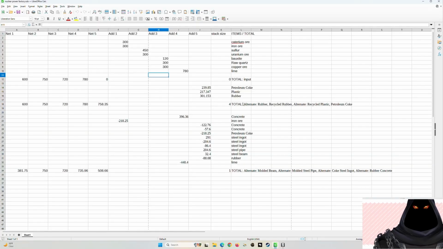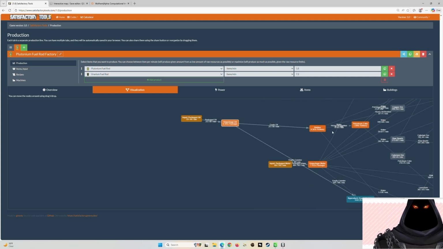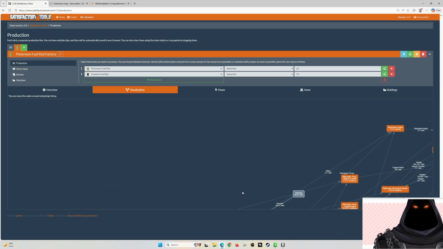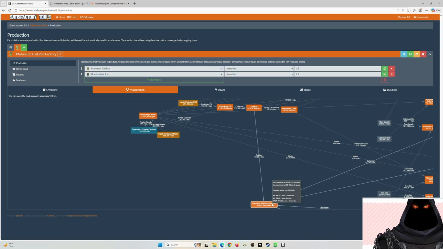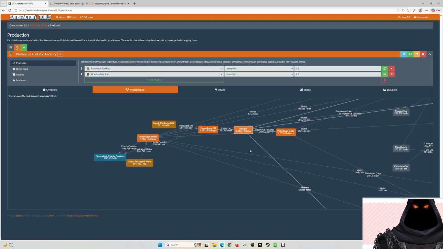So right off the bat, we already have the alternate rubber, what does it say? Alternate rubber, recycled rubber. Alternate recycled rubber, packaged water and Coke.